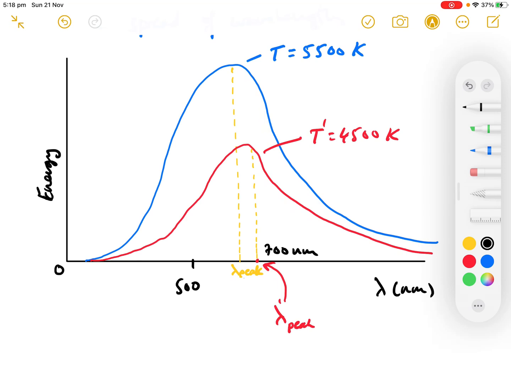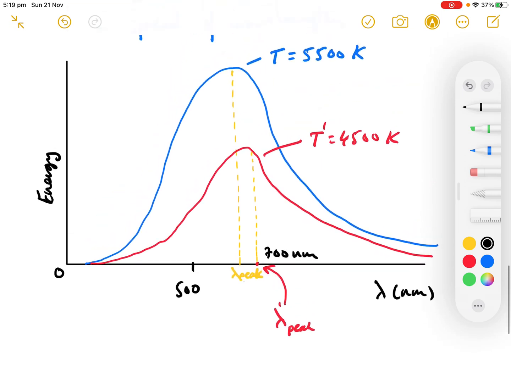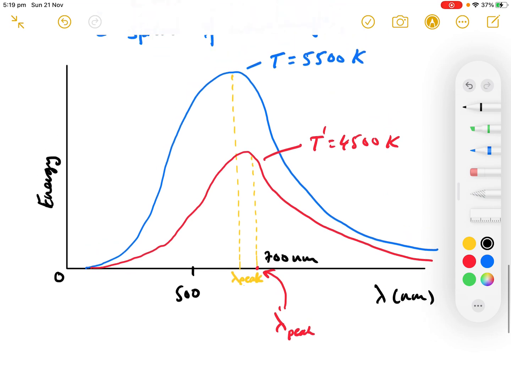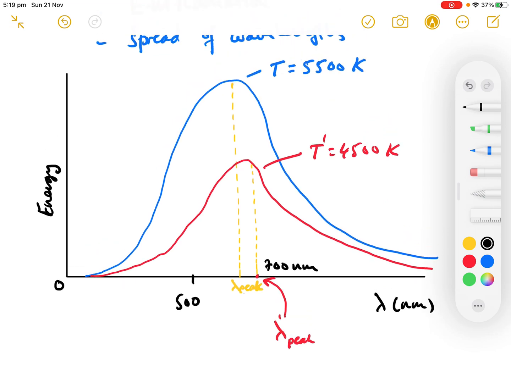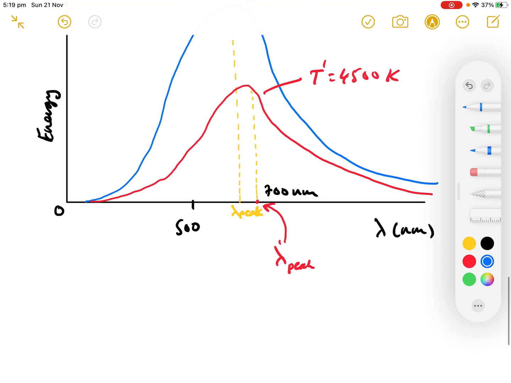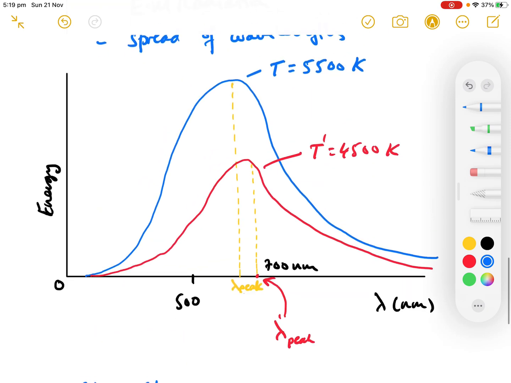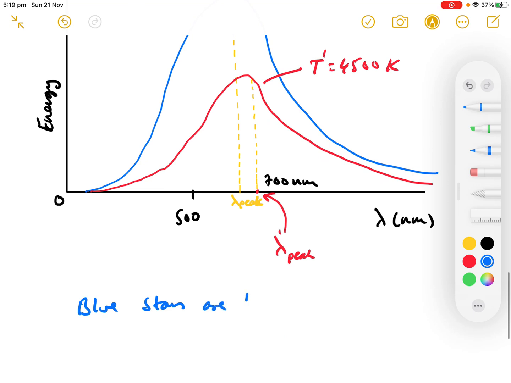So you can see then that the cooler stars generally emit more in the longer wavelengths. They're sort of generally redder than the kind of bluer stars. So you tend to think then that blue stars are sort of cooler. I beg your pardon, blue stars are hotter than red stars.